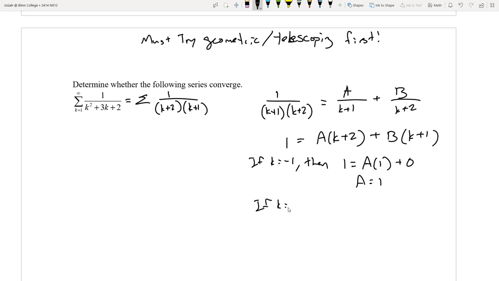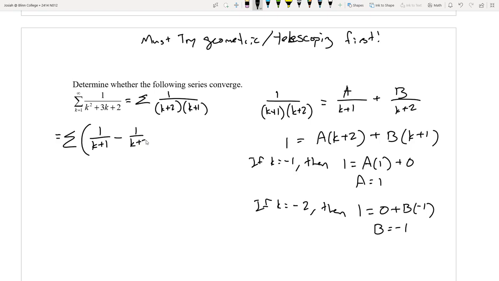If k equals -2, then 1 equals 0 plus b times -1, so b equals -1. So we're looking at 1 over k plus 1 minus 1 over k plus 2. This is a telescoping series.